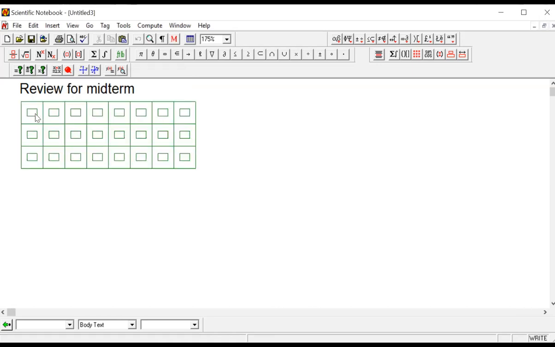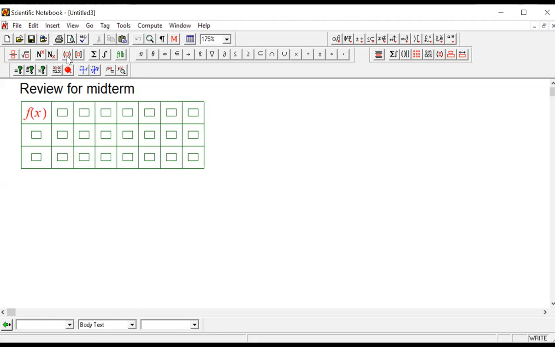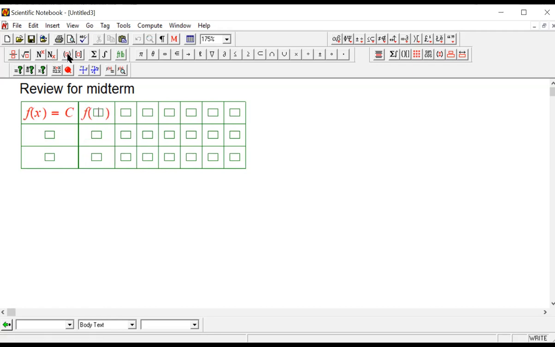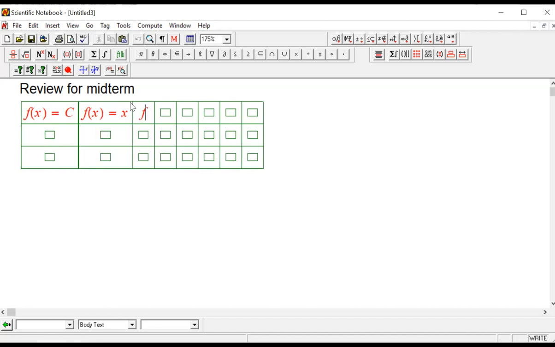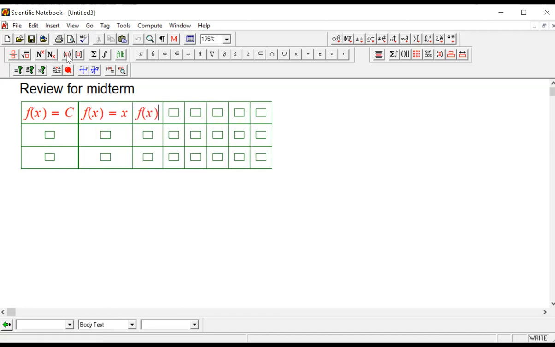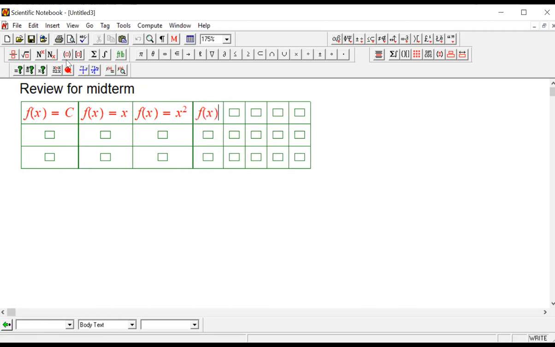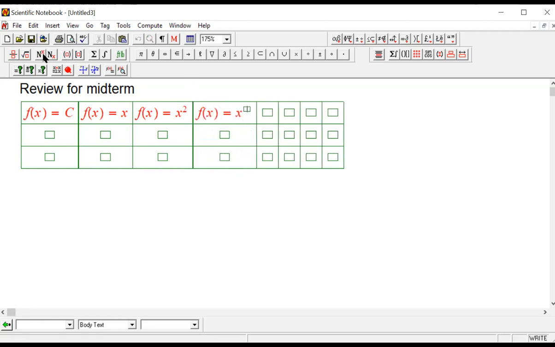These functions are f of x equals a constant, f of x equals x, f of x equals x squared, and f of x equals x raised to the power of 3, these basic functions.